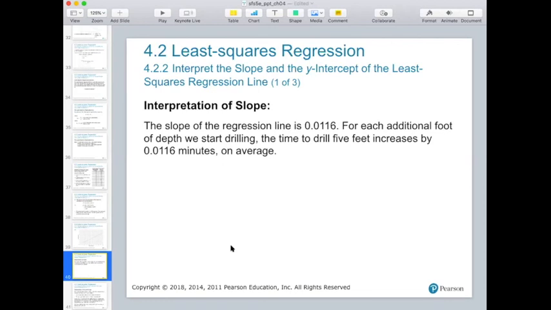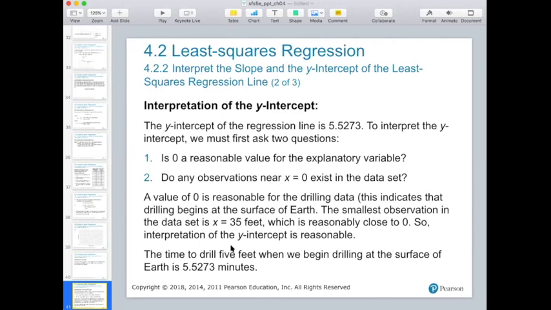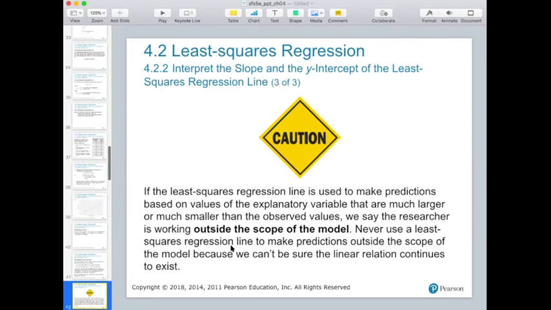But it's really important because a lot of times we get lost in just dealing with the numbers and we forget that we're applying these to actual real life things. So make sure you pay close attention to how to interpret both of those. The slope is always useful, the y-intercept, not always. It gives us a starting point, but sometimes it's not applicable. So make sure you're careful with that.